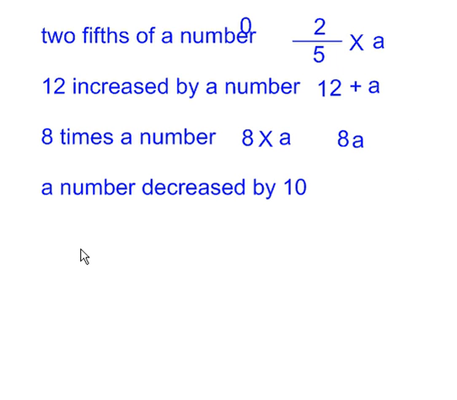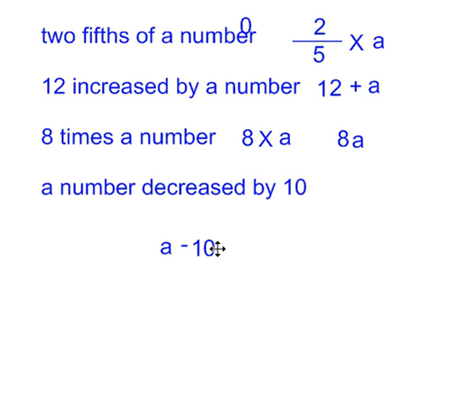And the last one that we have is a number decreased by 10. So we start with a number. So maybe our number is this variable. Decreased means the operation of subtraction. And decreased by how much? It's going to be decreased by 10.